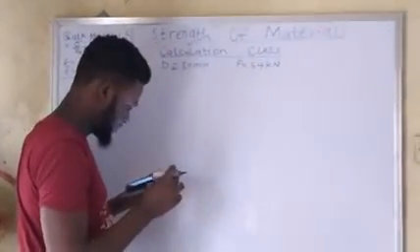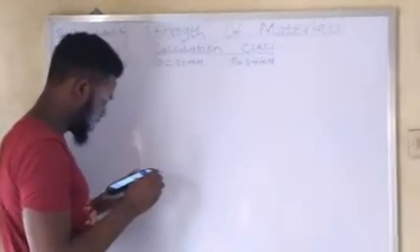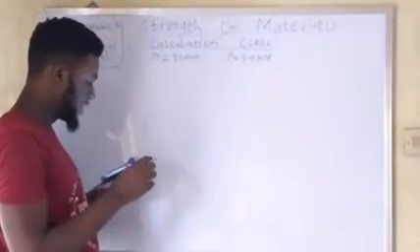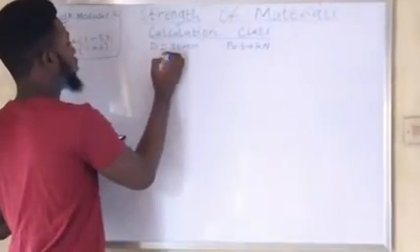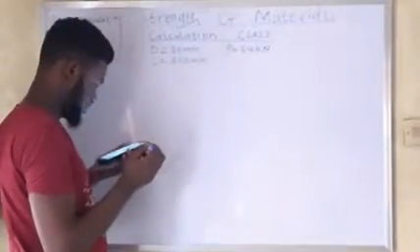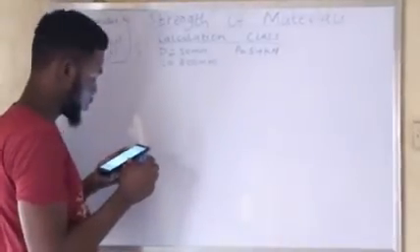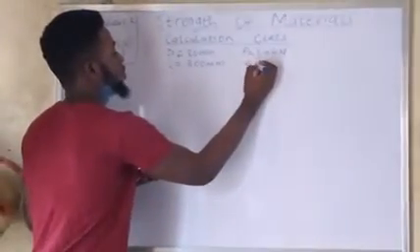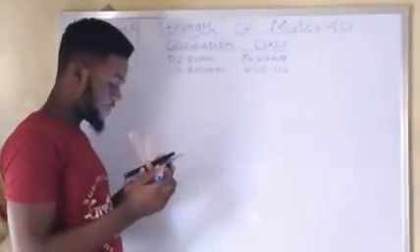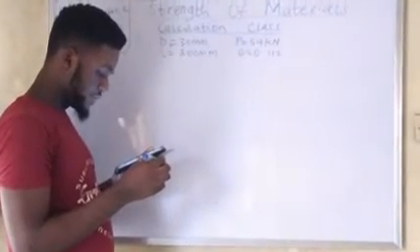And what is stated here? The measured extension on the 300 millimeter gauge length, the gauge length is 300 millimeter, and they say the extension measured is 0.112. I've actually done this question before.